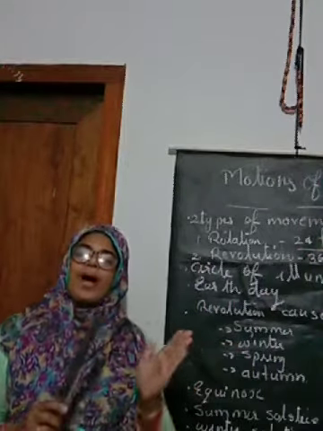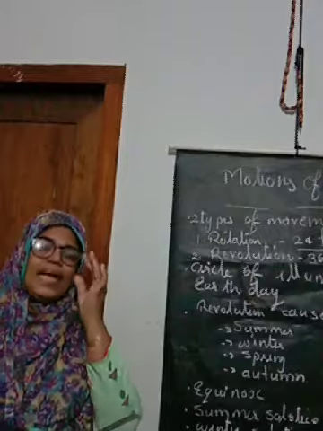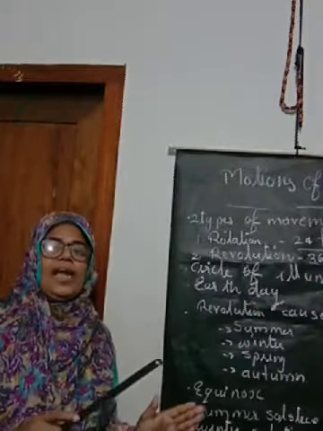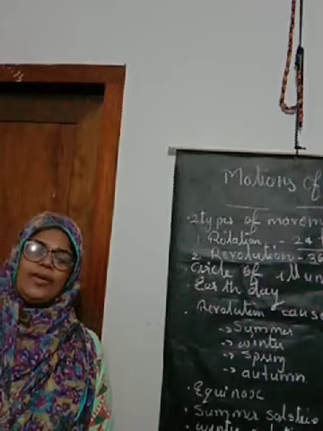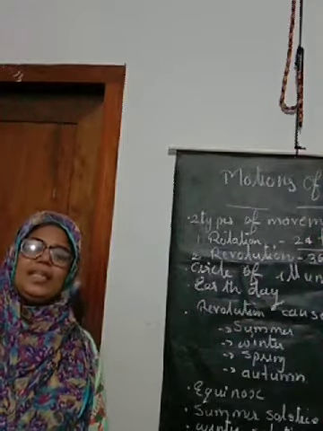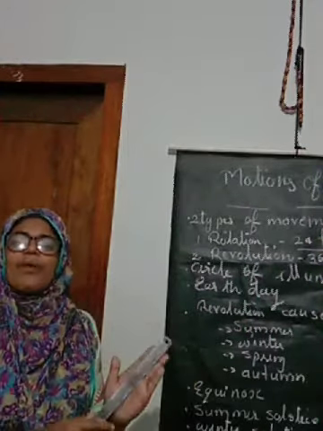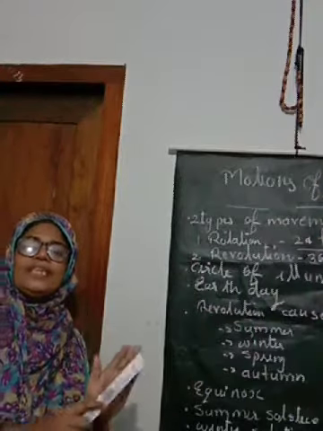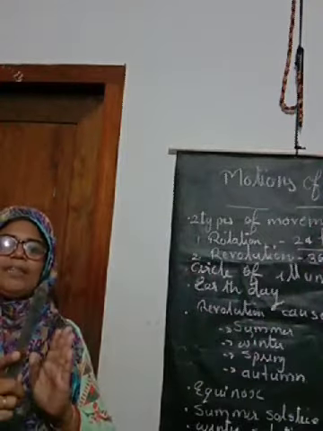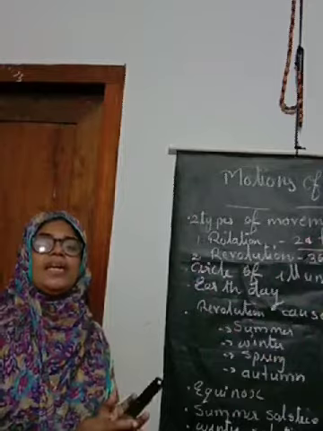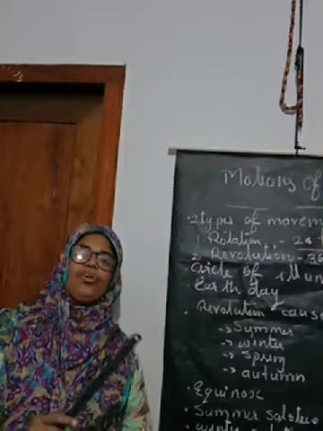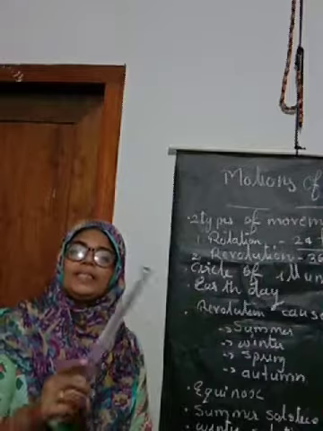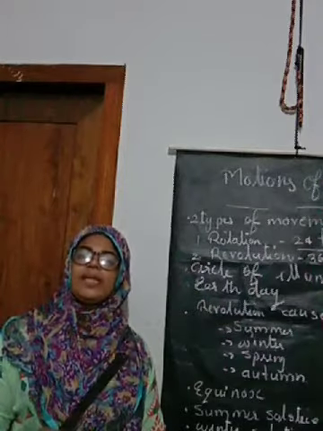So the part of the earth that receives sunlight will be experiencing daytime. Are you getting me? Yes. The half part of the earth which is directly facing the sun will be getting direct sun rays, and naturally that part will be experiencing what time?